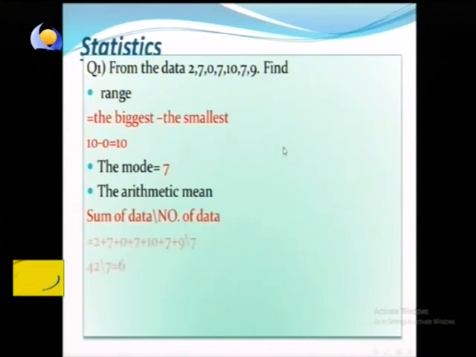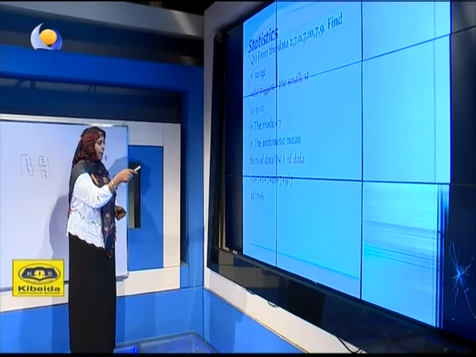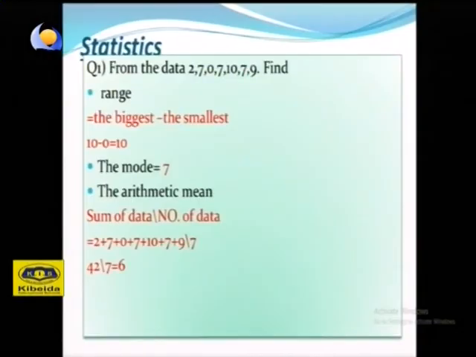I added them up, and there are 7 observations. So it's 42 divided by 7, which is 6. And usually the arithmetic mean is the number in the middle of the data.